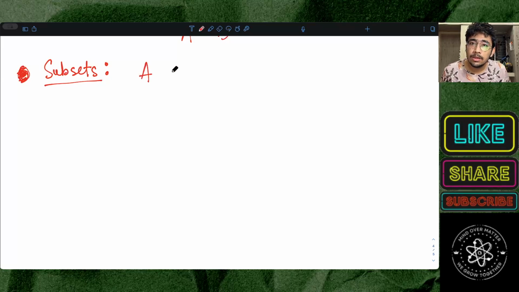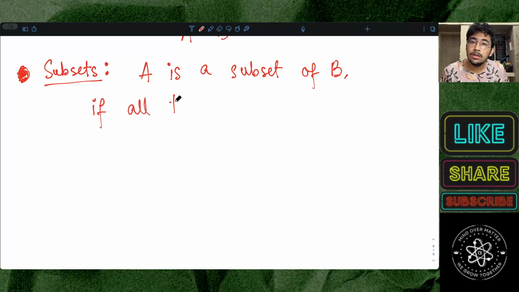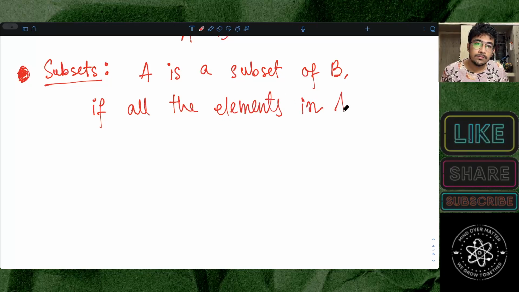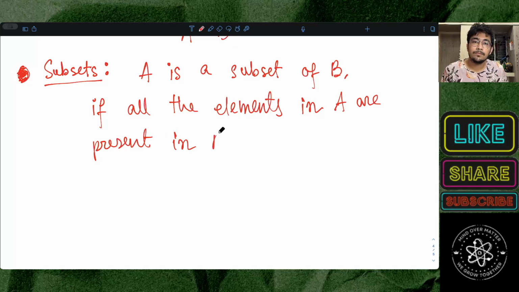Suppose A is a subset of B if all the elements in A are present in B. We generally denote it with this sign, the subset sign.